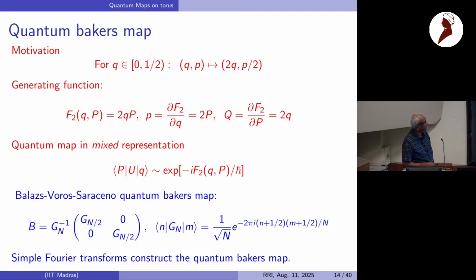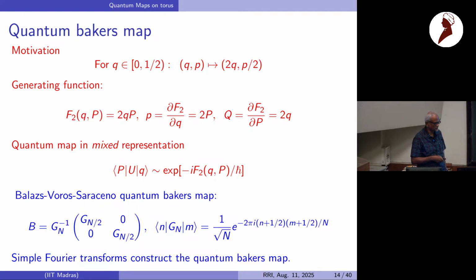You can generate a canonical transformation with this prescription. It's the known thing from generating functions. Like the action itself is a generating function. Yes, this is one of these actions.